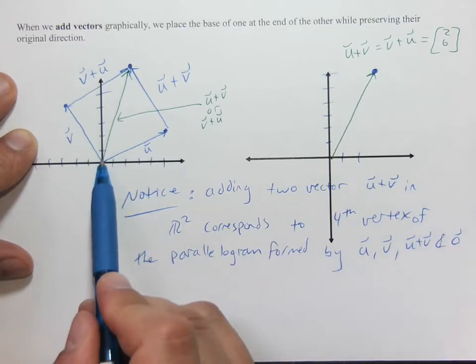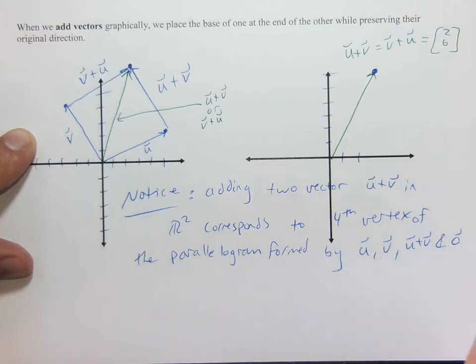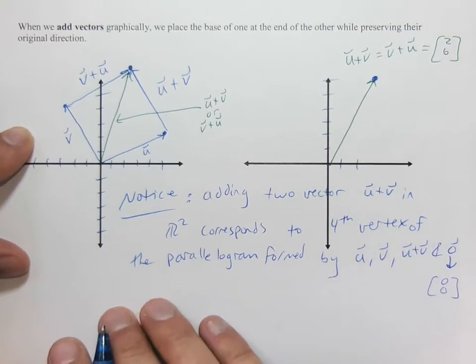So the fourth corner of this parallelogram is just the 0 vector, because it's at the origin. The 0 vector is just (0, 0). It's like the origin.